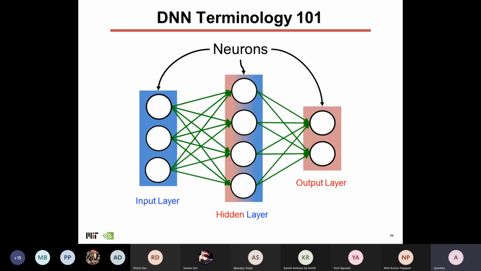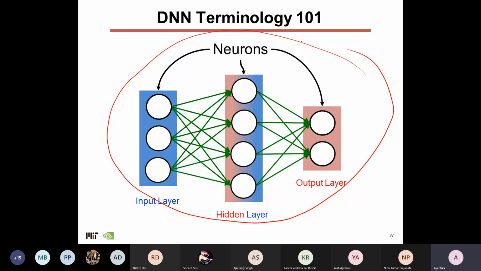So when we talk about DNN, or deep neural network, we think about this type of architecture, where we have input layers, some intermediate layers that we call hidden layers, and the output layer. You can name these components as neurons, and their connections are synapses.